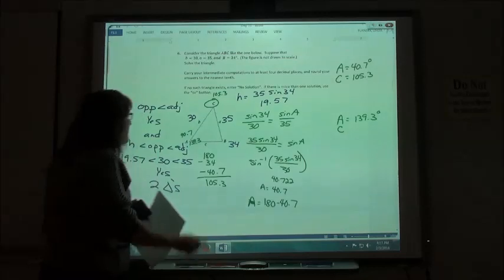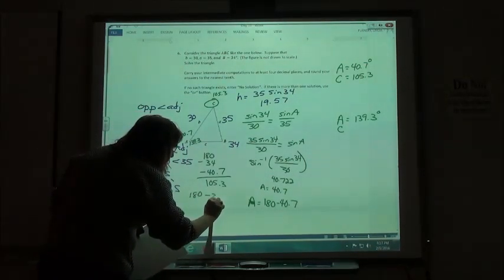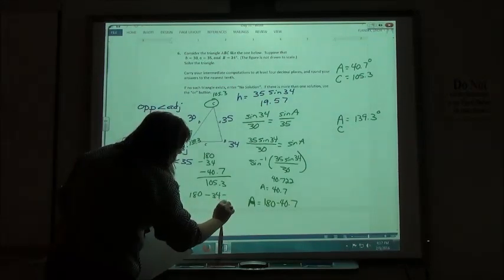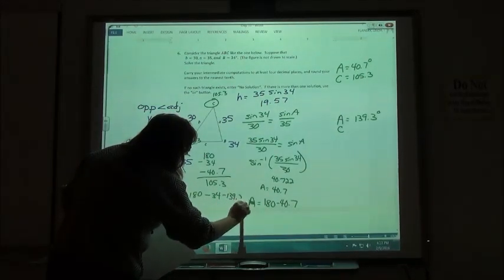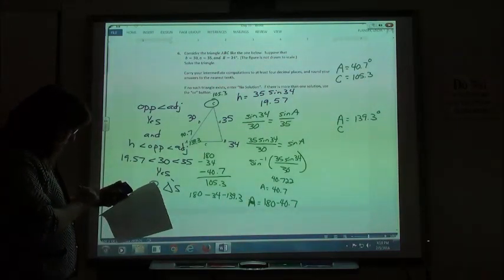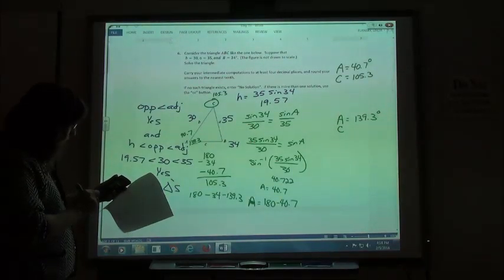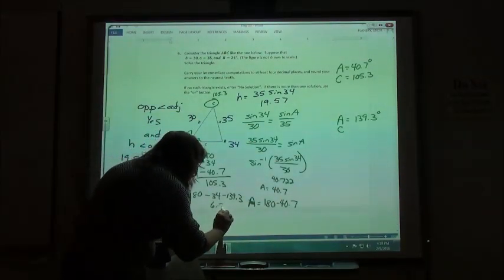If angle A was my obtuse angle, I would take 180 minus my 34 minus my 139.3, using 139.3 for angle A. So 180 minus 34 minus 139.3 gives me 6.7.